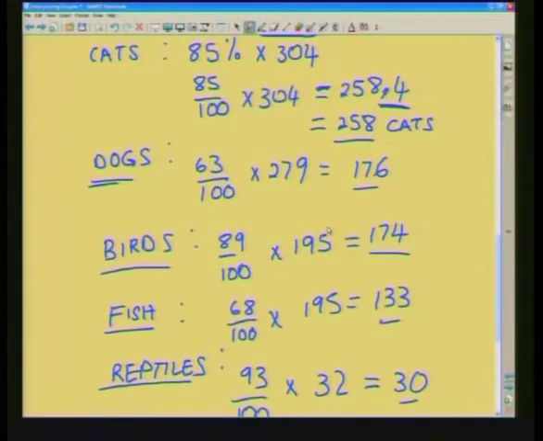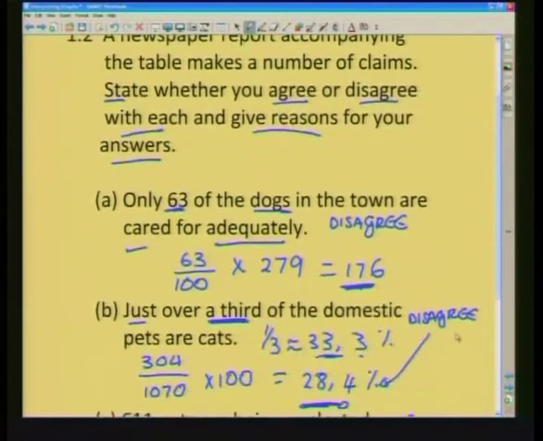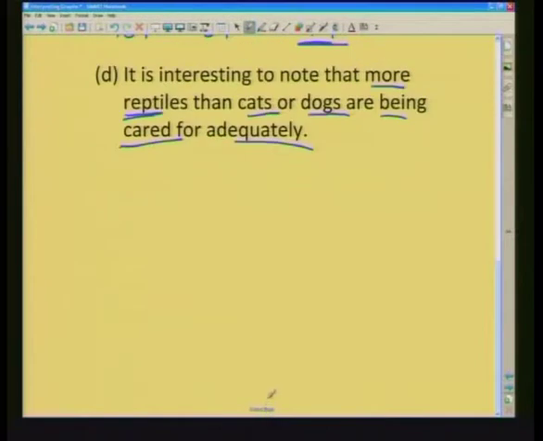For the cats, we saw there were 258 cats that were cared for and 176 dogs. But when you look at the reptiles, 30 are being cared for adequately. And that's because we are finding 93% of a smaller number. So even though it's quite a large percentage, we're finding 93% of a smaller number than the cats and the dogs.